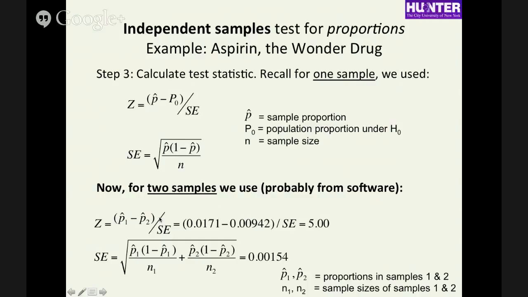So it's just a little bit of a modification. And the way that you calculate the standard error is a little bit different as well. So it's just a bit of a modification to your equations for z and for the standard error, but then you do it in the same way. And this equation for the standard error should give you a hint about how you're going to build a confidence interval.